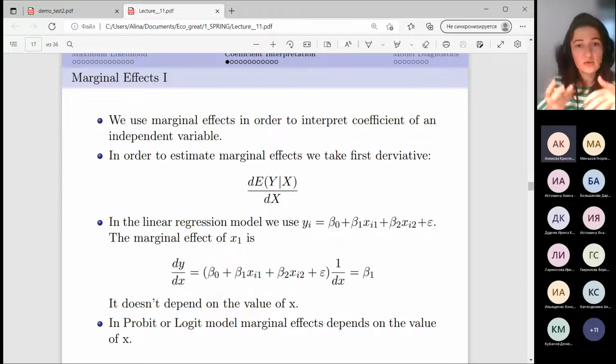This is our goal when we find the relationship between the two variables. So for this purpose, we use the marginal effects.